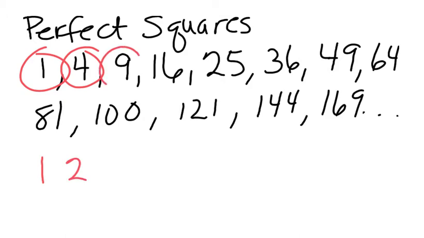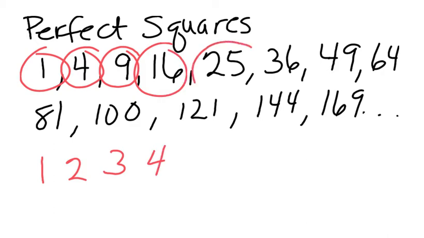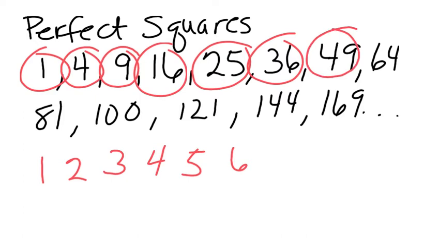What's the square root of 9? 3. What's the square root of 16? 4. What's the square root of 25? 5. What's the square root of 36? 6. What's the square root of 49? 7. What's the square root of 64? 8. See what I'm doing?